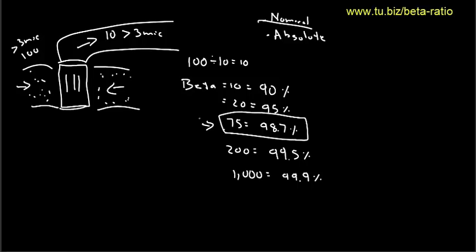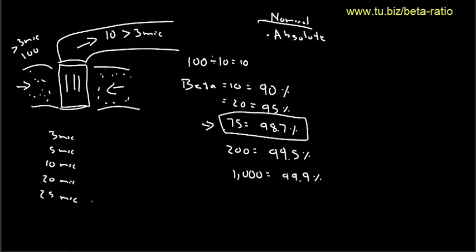Now, something important when we're talking about betas and efficiencies is that they have to come along with the micron rating. So let's say you have a 3 micron or 5 micron or 10 micron, 20 micron, 25 micron, right?